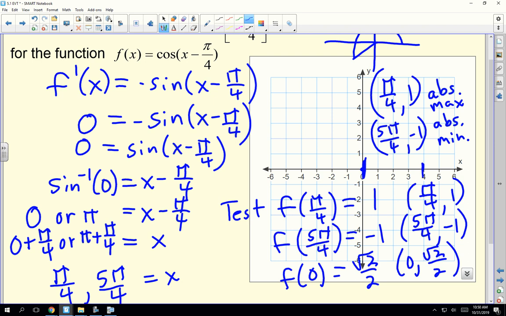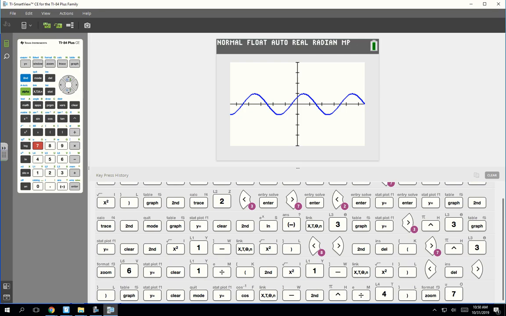It was 0, comma root 2 over 2. So it's just this other endpoint right here. So it's right here. What's that going to be?